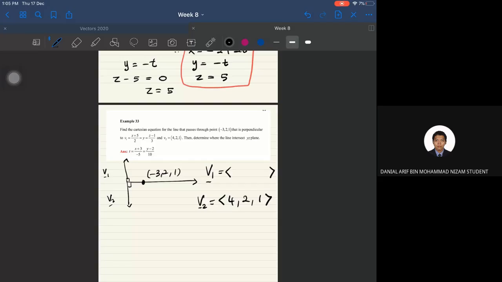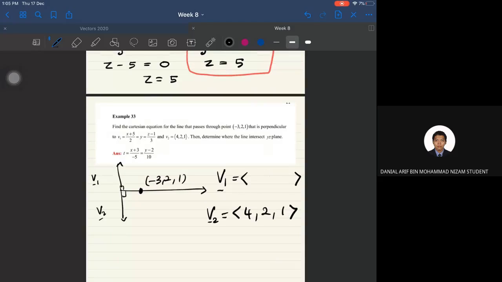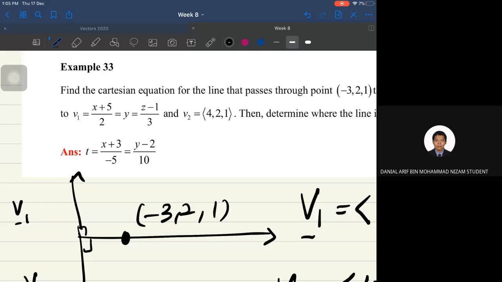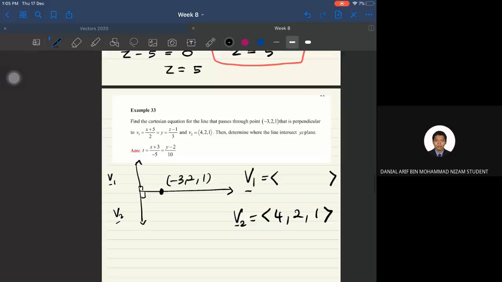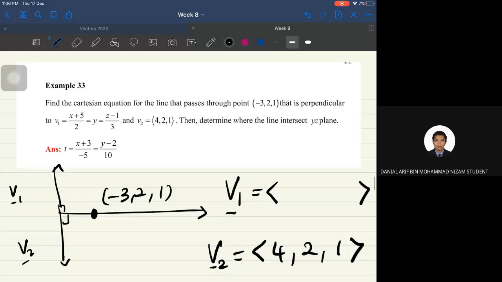Apa nilai dia? Saya jawab tadi kan, tengok daripada sini. Apa nilai you punya vector V1? Daripada equation of V1. So what is your vector here?